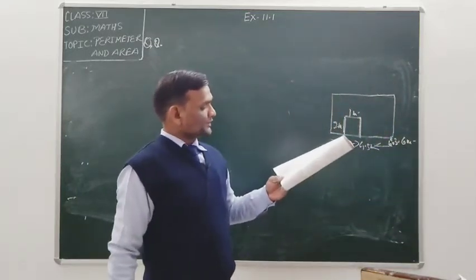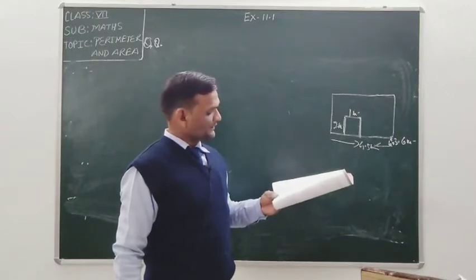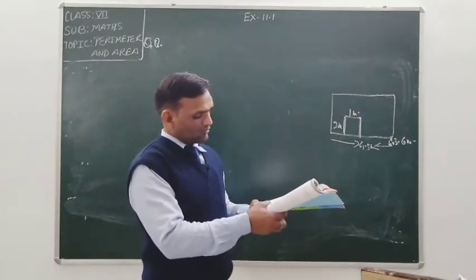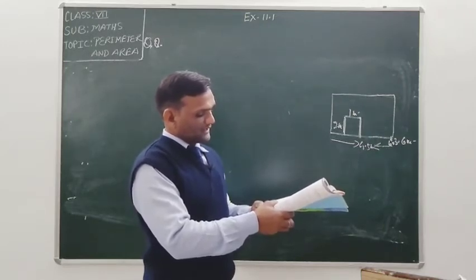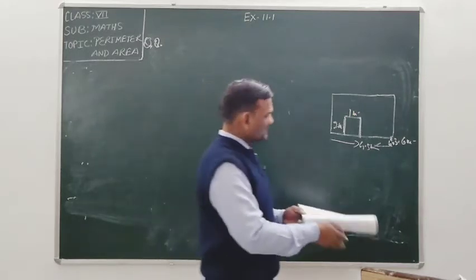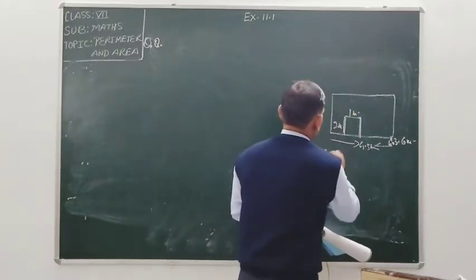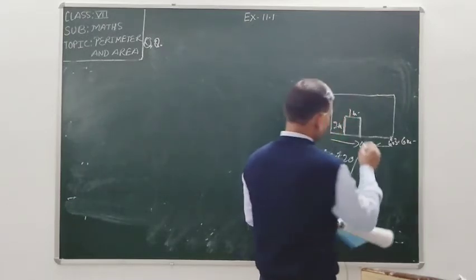So, student, find the cost of whitewashing the wall if the rate of whitewashing the wall is rupees 20 per meter square.